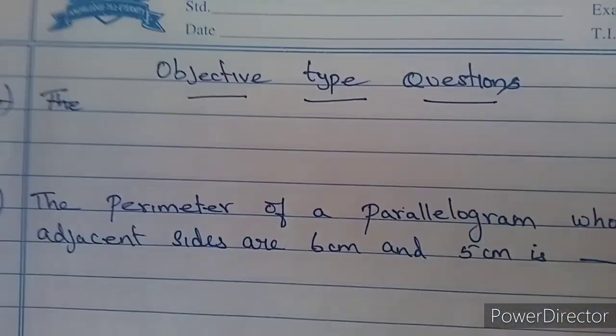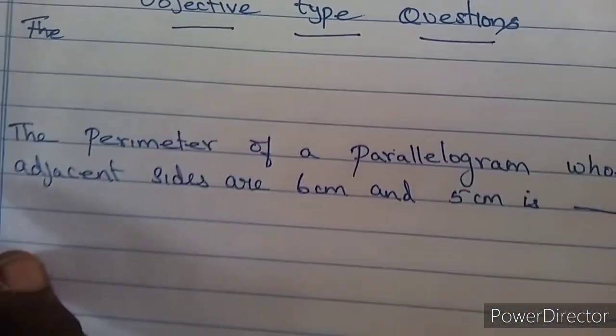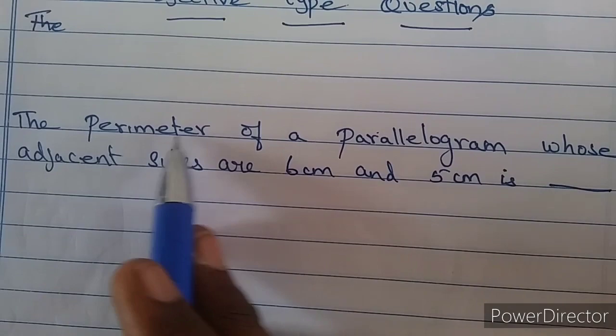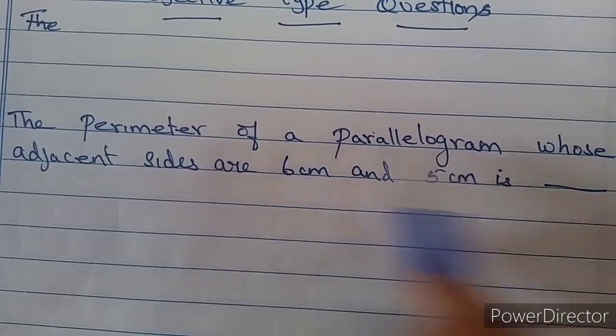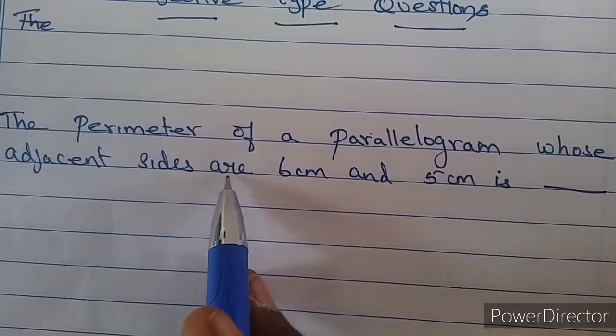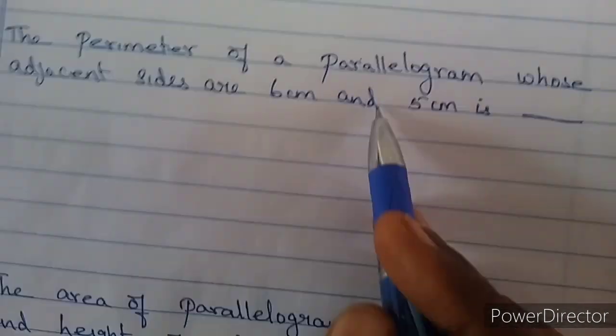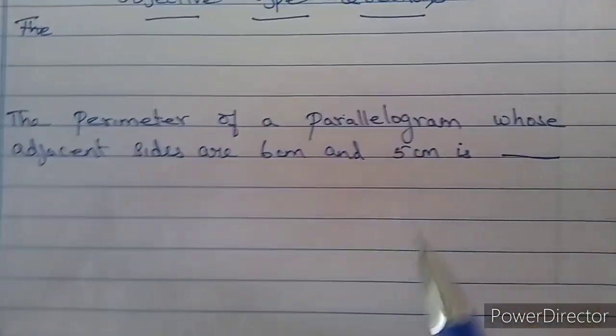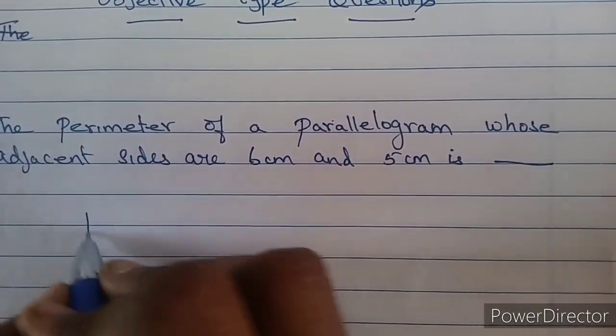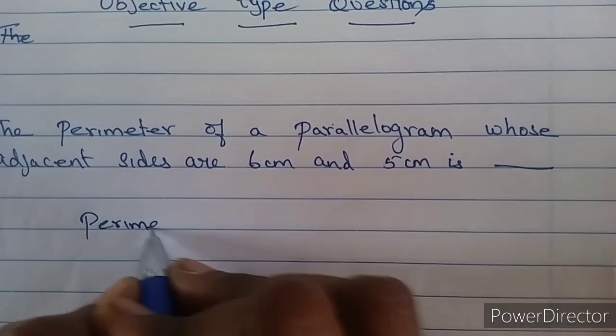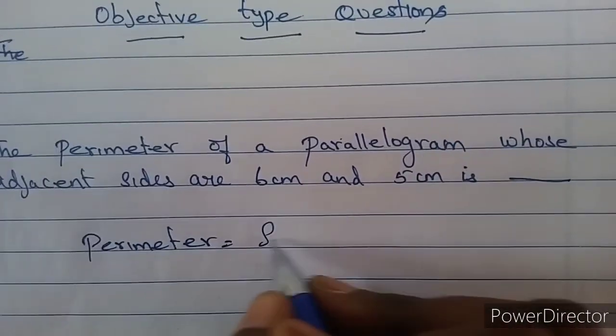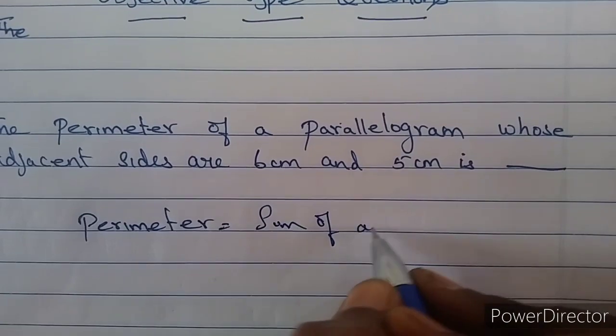Next, they are given as objective type questions. Question number 6. The perimeter of a parallelogram whose adjacent sides are 6 cm and 5 cm. So, perimeter of parallelogram equal to sum of all the sides.